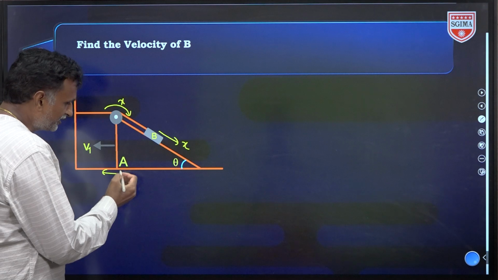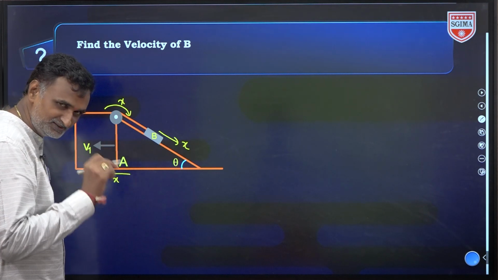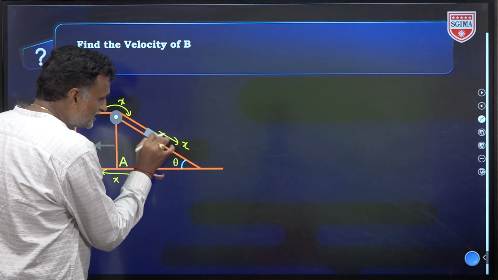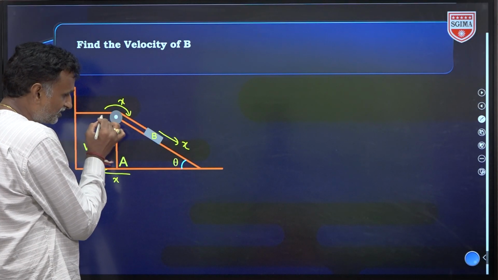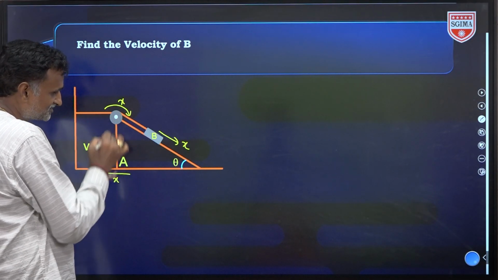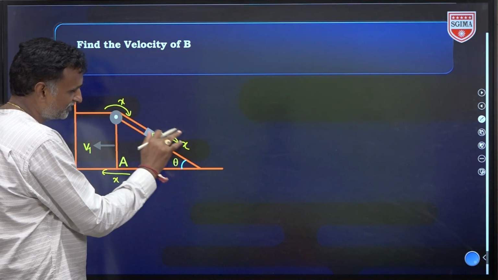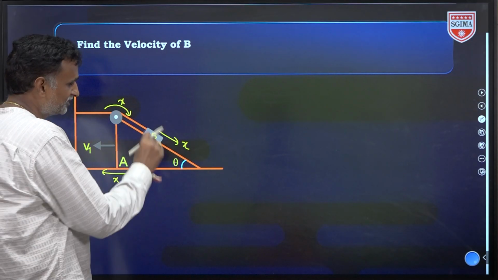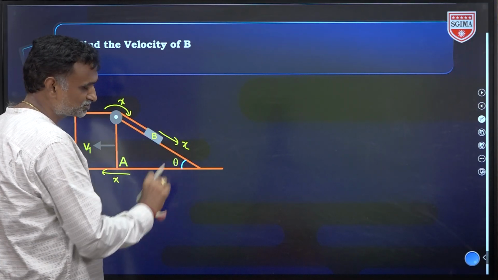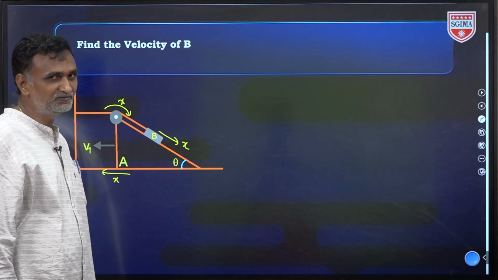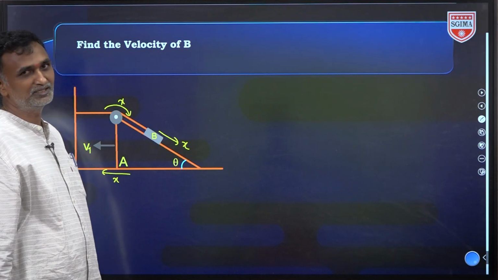When the pulley moves to the left side by distance x, the block also falls by distance x, because the string loses the same distance x. Then that string becomes taut, so B must also fall downward with a displacement x only.